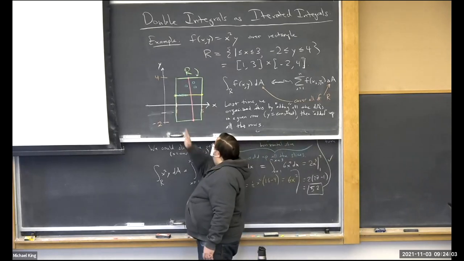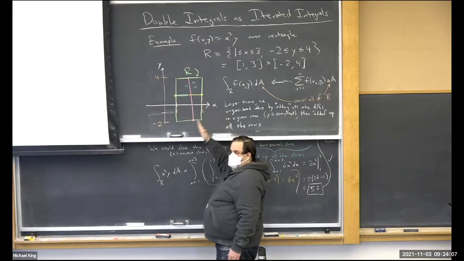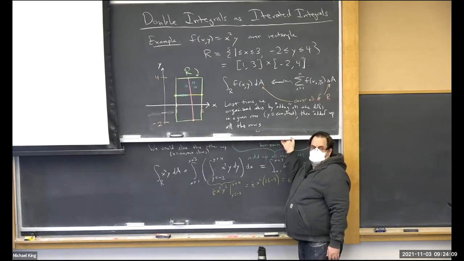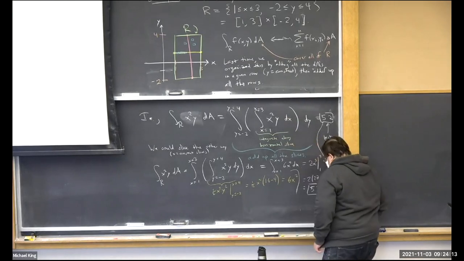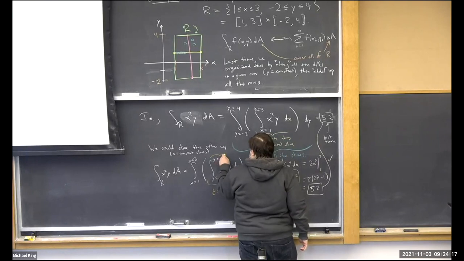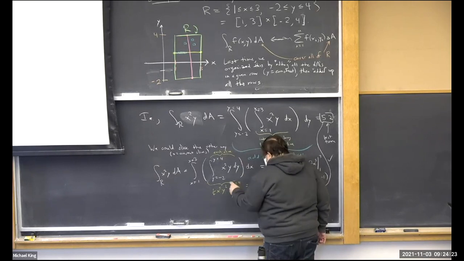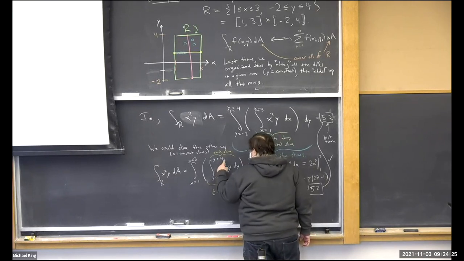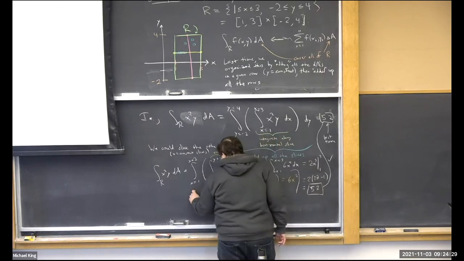So there's a bunch of these, there's infinitely many of these little vertical lines, and we're sort of adding up the leftmost slice to the rightmost slice. So again, this is like each slice. This right here is the bottom of the slice. This is the top of the slice. This is the leftmost slice.